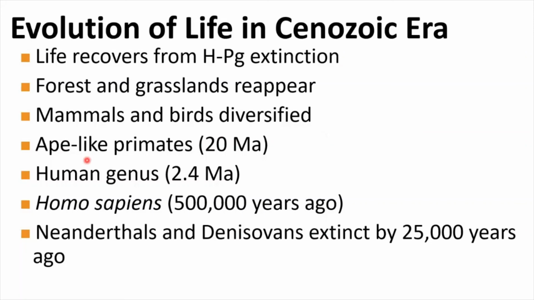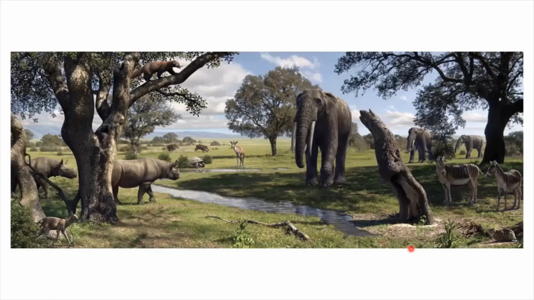We also see ape-like primates about 20 million years ago. We see the human genus about 2.4 million years ago, and then Homo sapiens, which is ourselves, about 500,000 years ago. And then Neanderthals and Denisovans, those went extinct by about 25,000 years ago. Now, during this time, giant mammals are ruling the land.